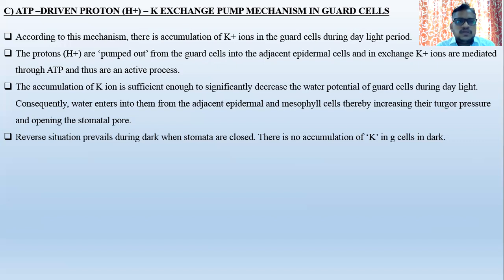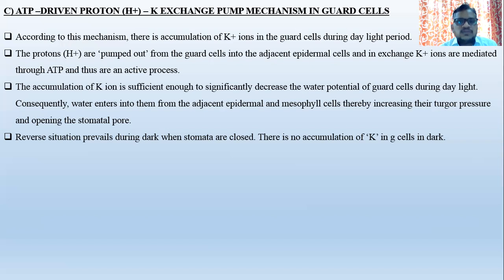So here in the third mechanism, the accumulation of potassium ions in the guard cell during the day period is one of the important reasons, because when the potassium ions accumulate in the guard cell, they take the place of the hydrogen ions present in the guard cell, and as the K plus increases in the guard cell, that much amount of hydrogen ions are replaced.